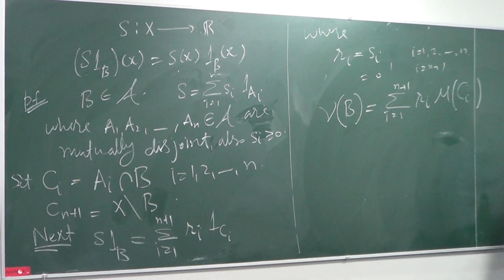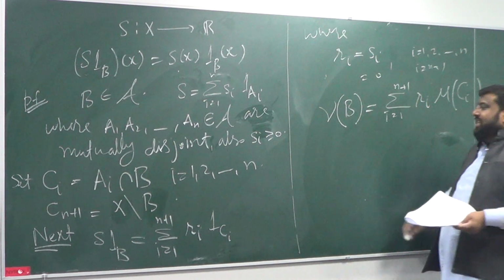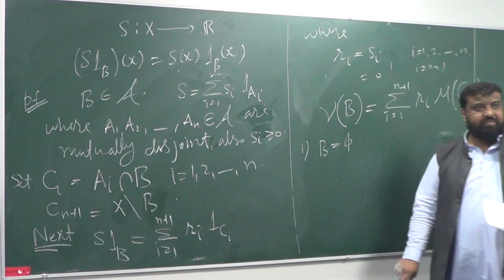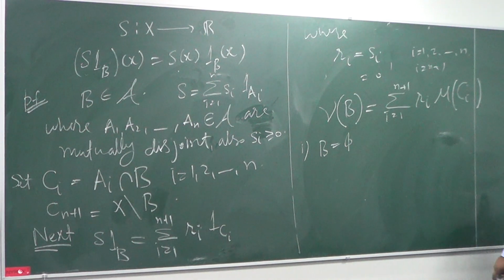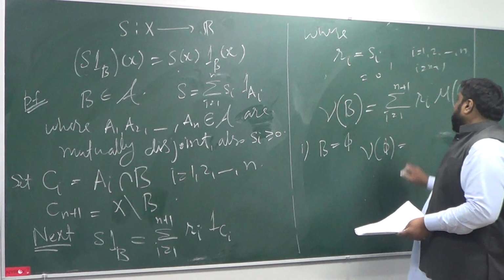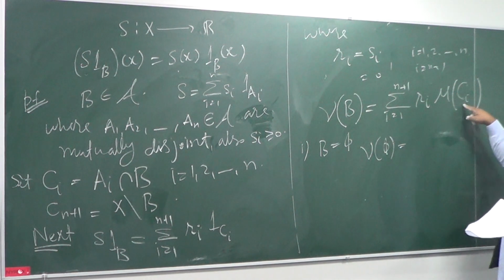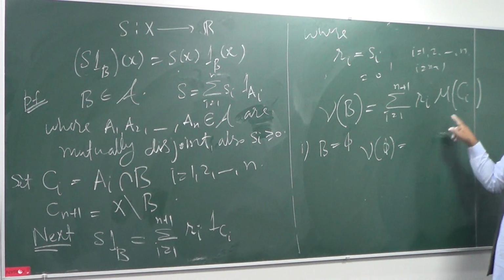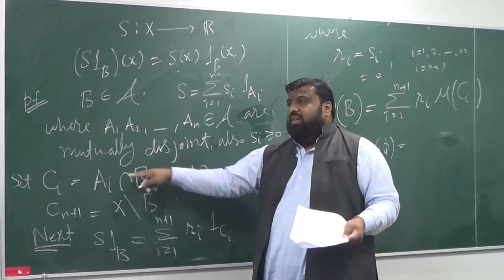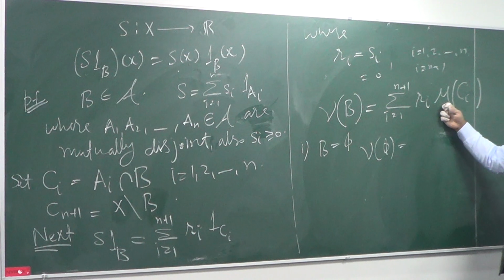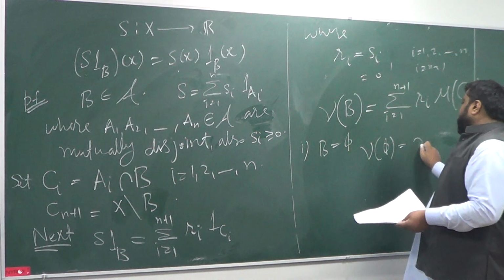So now I have an explicit expression, and now ask what you want to ask. The first property: let's take B to be the empty set. Then nu of the empty set is the sum of R_i times mu of C_i, but in this case all the C_i's are going to be the empty set because you are intersecting A_i with the empty set, and since mu is a measure, it gives 0, so this would be 0.